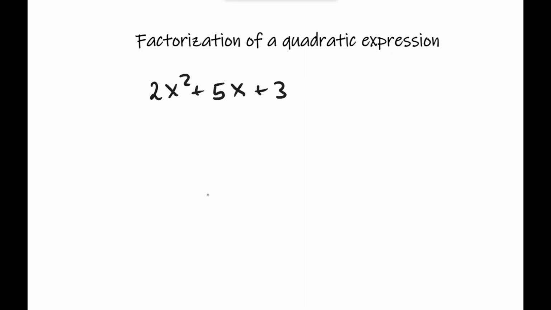And let's see our second method for factorization. In this case, a is an integer number different from 1, and a is equal to 2, b is 5 and c is 3. We will use a slightly different algorithm for factorizing.